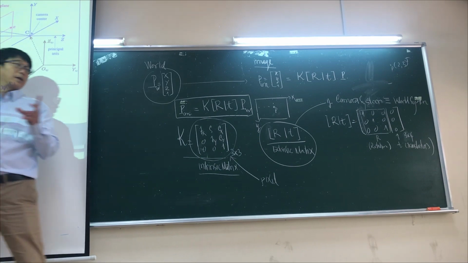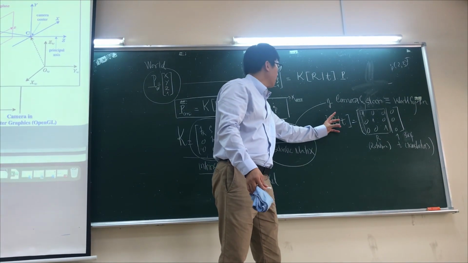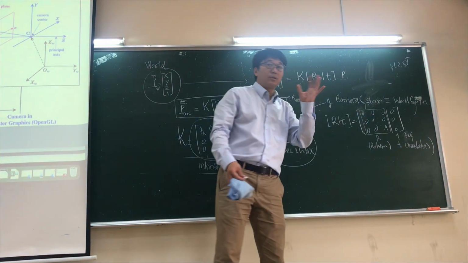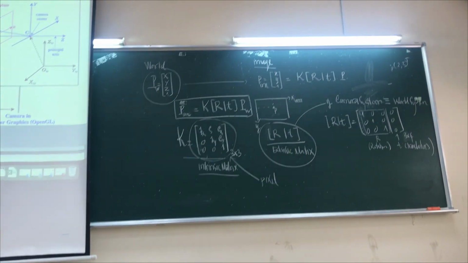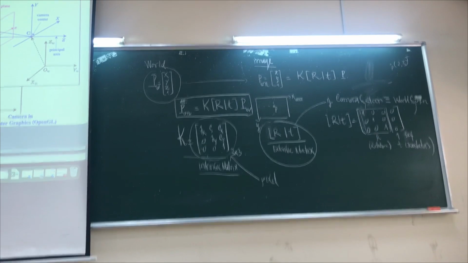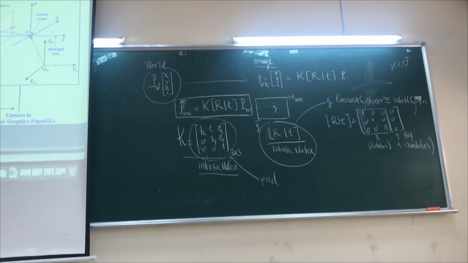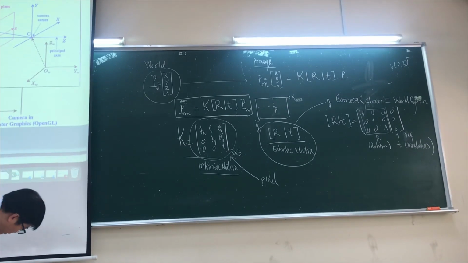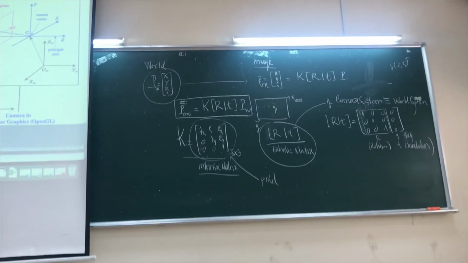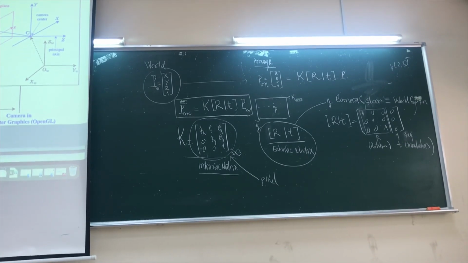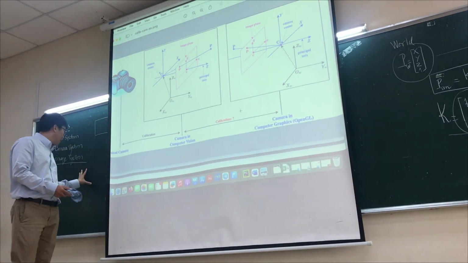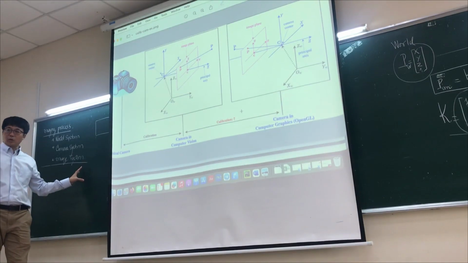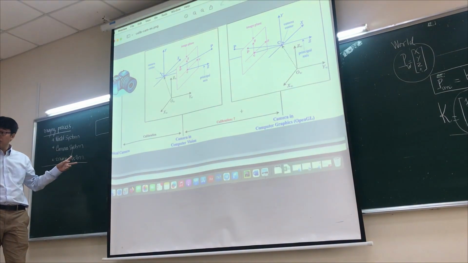When we assume that, then R is the identity rotation, and T is zero. Earlier I told you about an example like 2D, right?